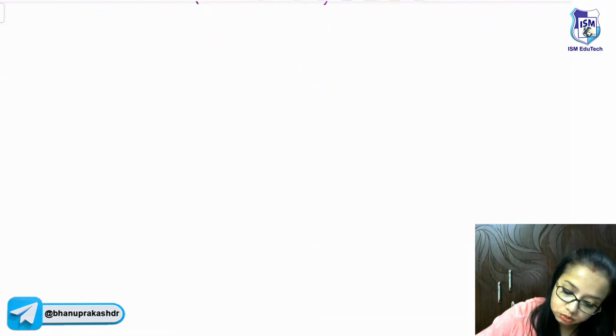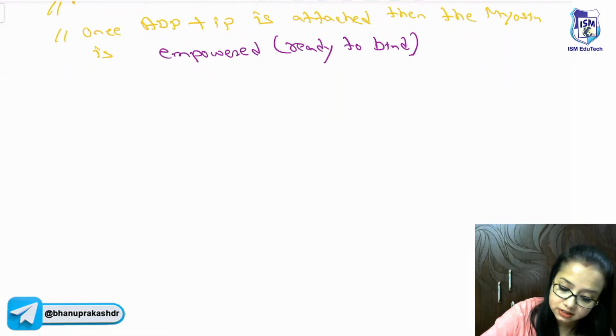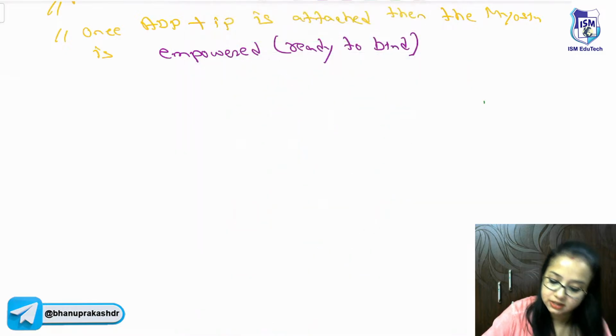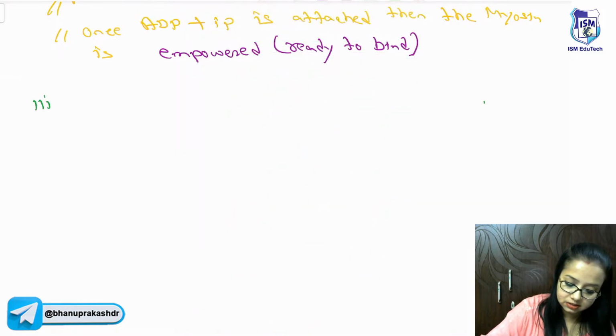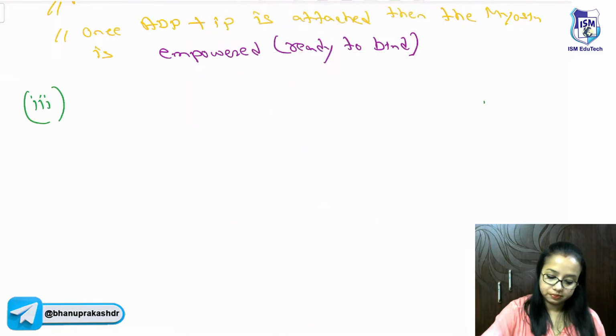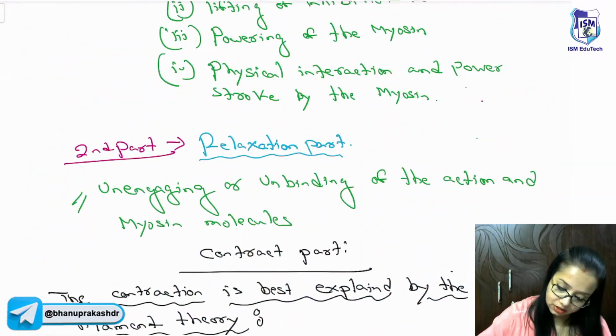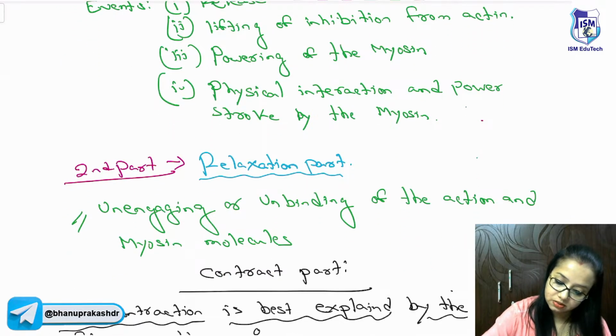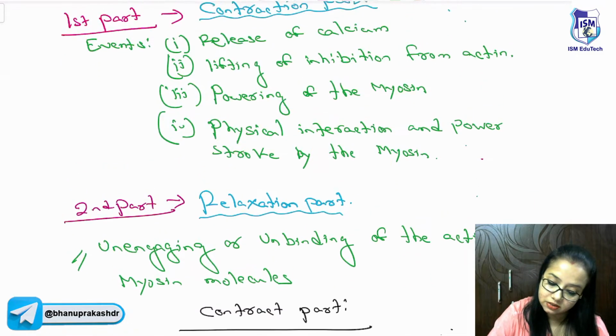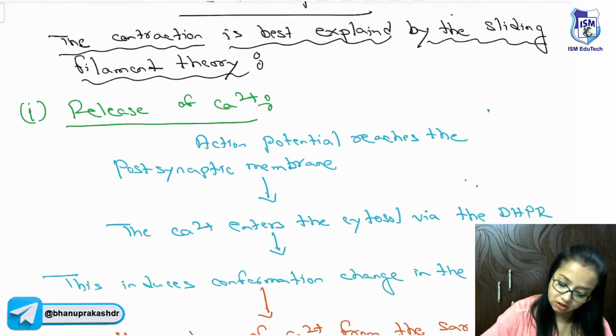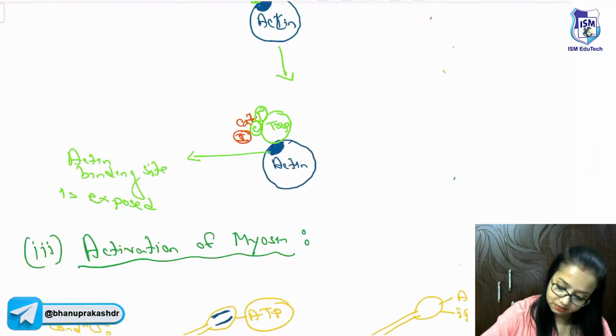Comes the third event, the actual binding. Just for us to remember, release of the calcium we have studied, lifting of the inhibition, empowering of the myosin we have studied.